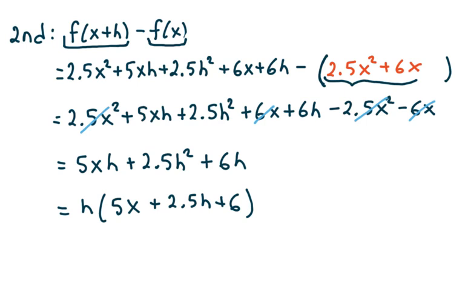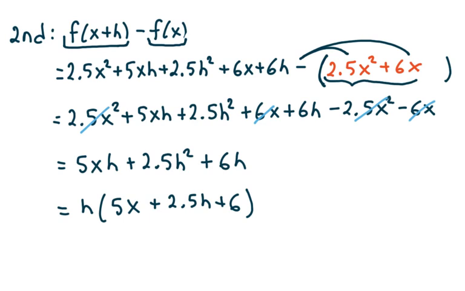And notice how 2.5x squared plus 6x is inside parentheses. Now, to get to the next line, I have to distribute the negative to each term within the parentheses. And when I do that, I get 2.5x squared plus 5xh plus 2.5h squared plus 6x plus 6h minus 2.5x squared minus 6x.